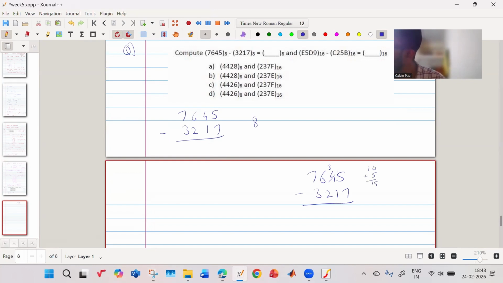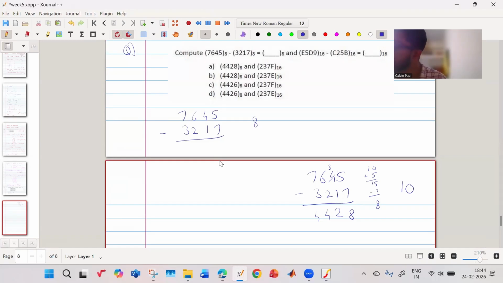Now you subtract 7 from that. So 15 minus 7, you get 8. So this becomes 8. Then 3 minus 1 is 2. 6 minus 2 is 4. And 7 minus 3 is 4. So this is a very simple thing. You get 4428.